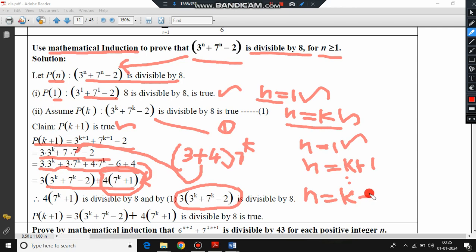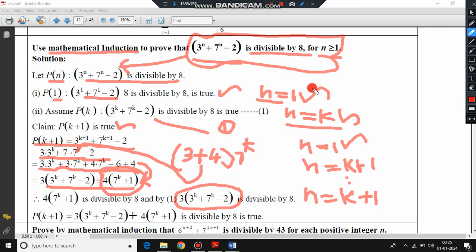That is, the bracket is divisible by 8. So by the mathematical induction method, this fact is true.